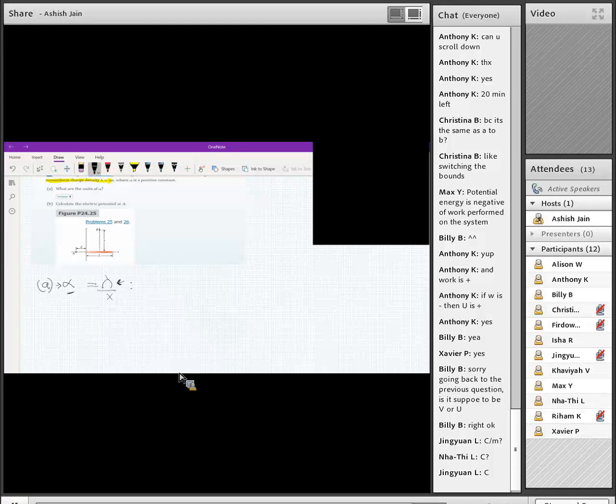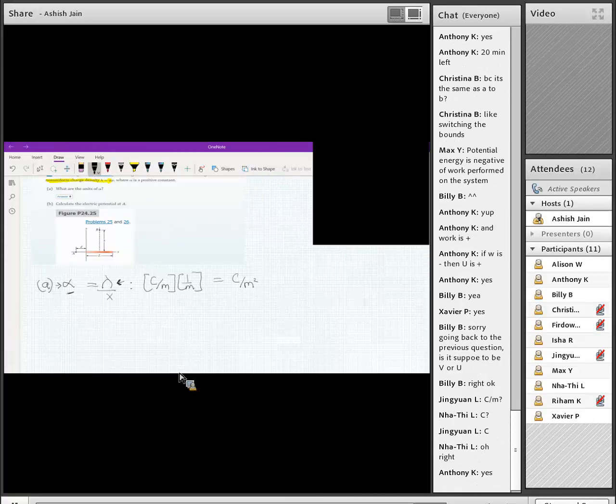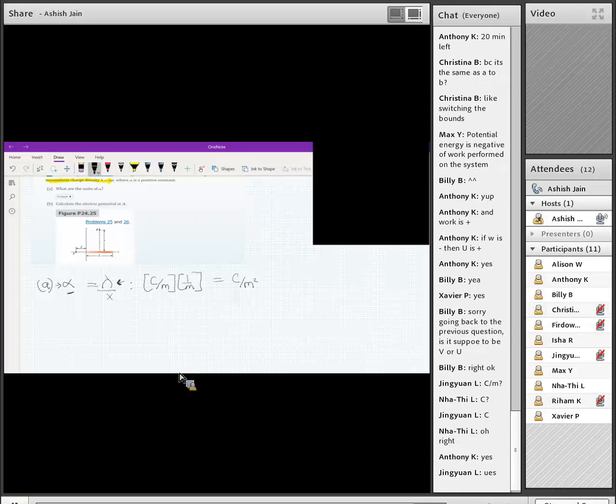Okay, Coulomb per meter, 1 by meter, Coulomb per meter square. Everybody agrees? Perfect.